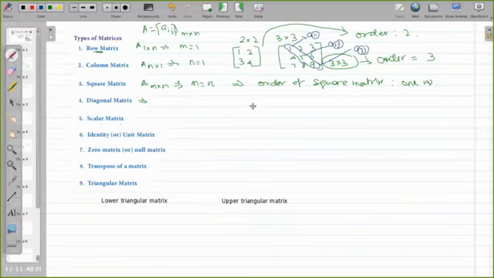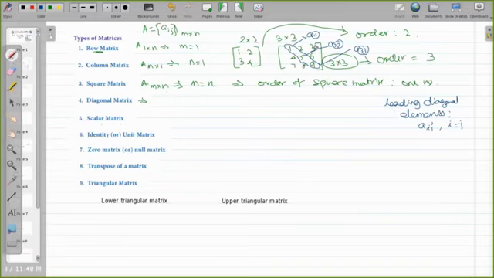So, children, the leading diagonal elements are the a_ij where i is equal to j. This is called the leading diagonal.